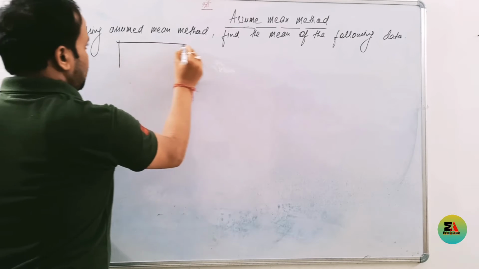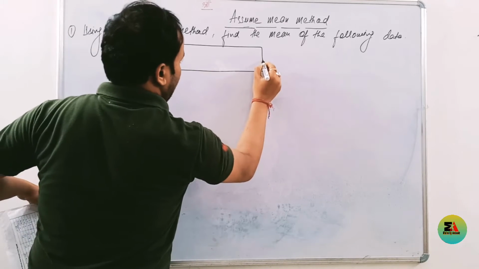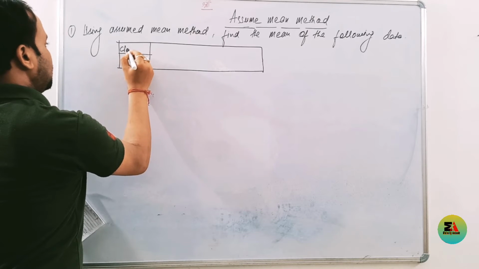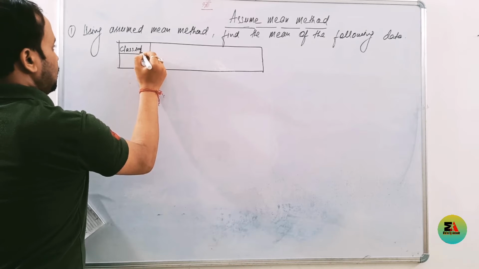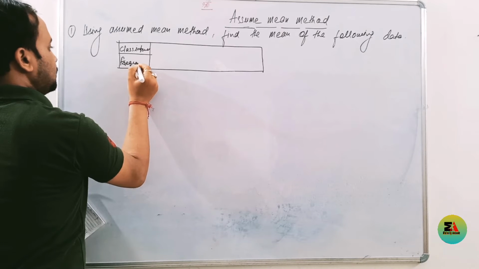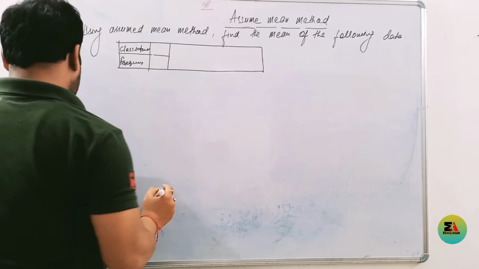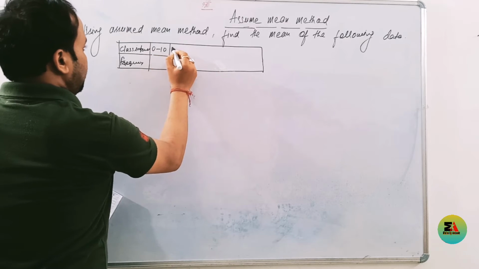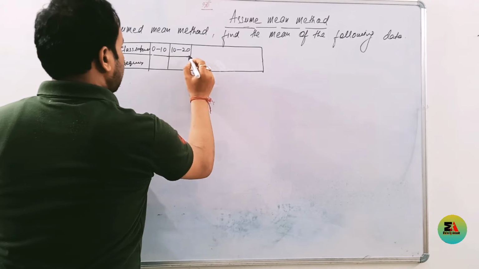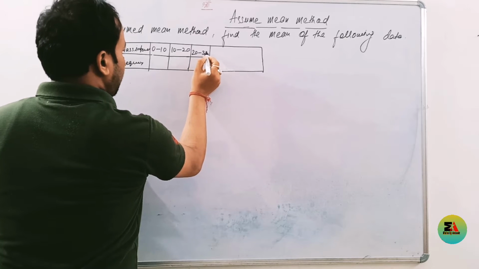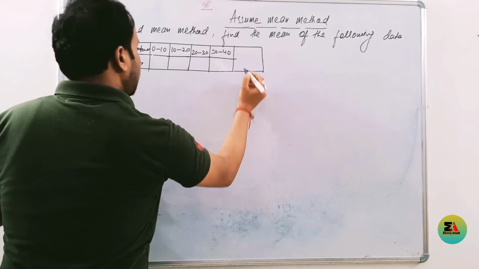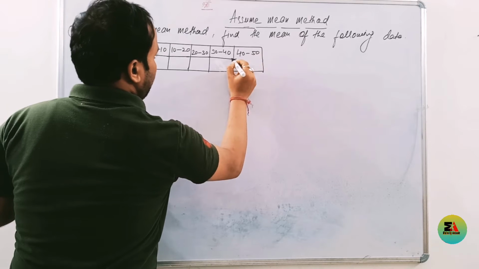See, the data table is already given in the question. These are the class intervals and these are the frequencies. The class intervals start with 0 to 10, 10 to 20, 20 to 30, 30 to 40, and the last one is 40 to 50.